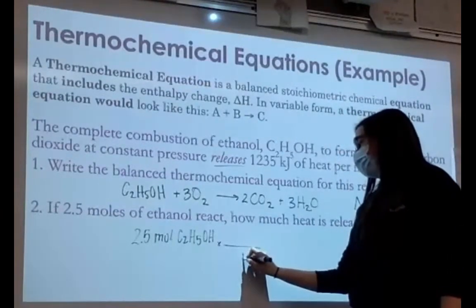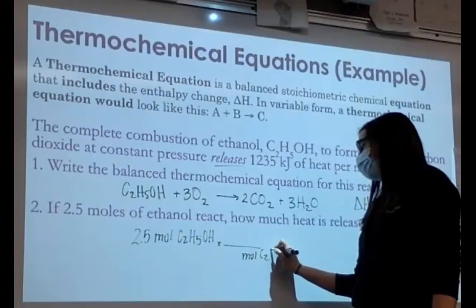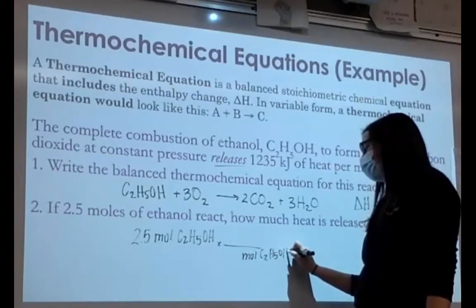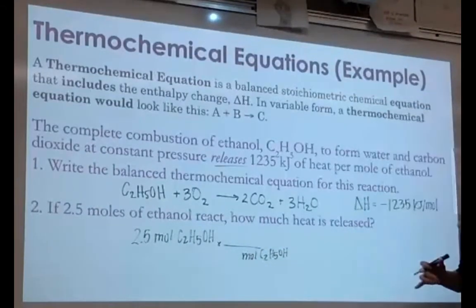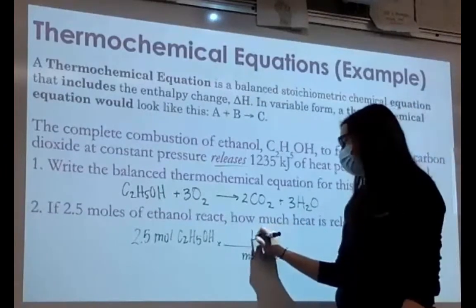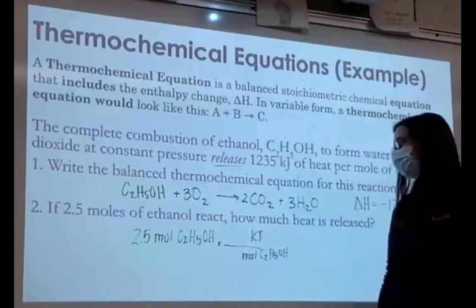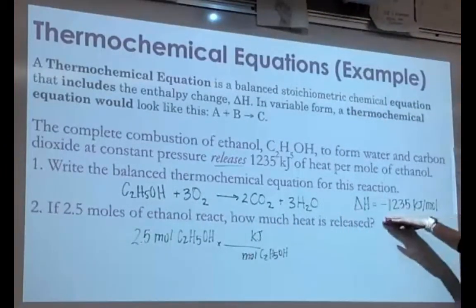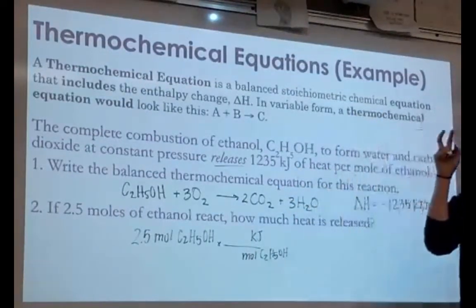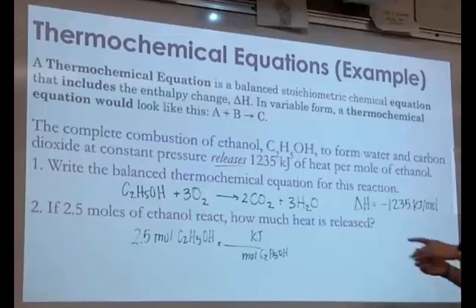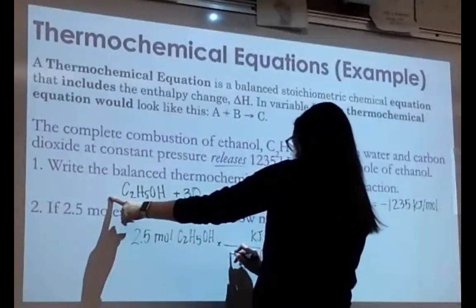What I can do is put moles of ethanol on the bottom, almost like a mole ratio. But instead of moles of something on the top, I can use kilojoules, because I can use this delta H as part of our mole ratio. So my coefficient for ethanol is 1.